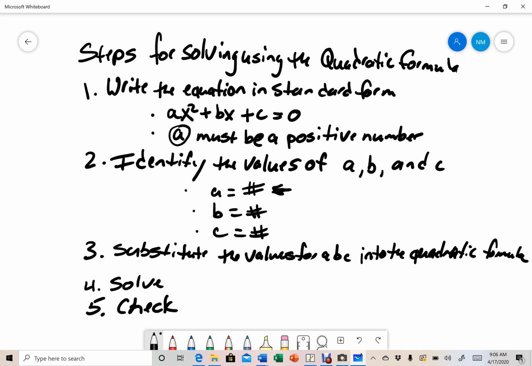Then we're going to take these values and substitute them into the quadratic formula. Just plugging them in where b goes, where a goes, where c goes, and then you solve. Once you solve, then you can check. All right, so these are our steps for using the quadratic formula.